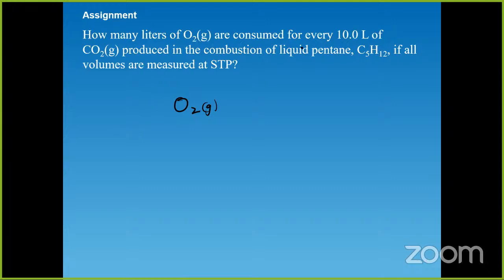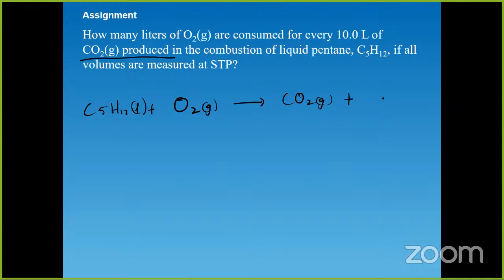No, because it says carbon dioxide is produced. So carbon dioxide would be a product, all right? But there's another reactant here based on the information given in the question. What's the other reactant? C5H12, and it says that it's liquid pentane, so we're going to put L there.